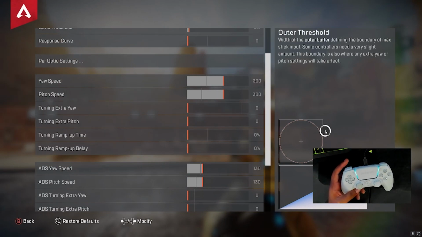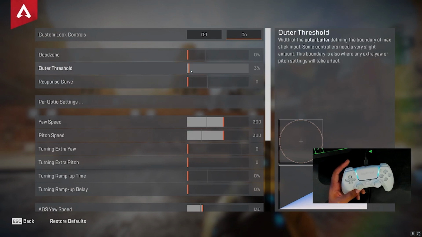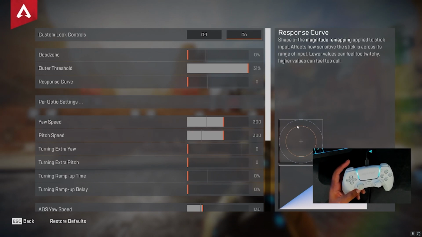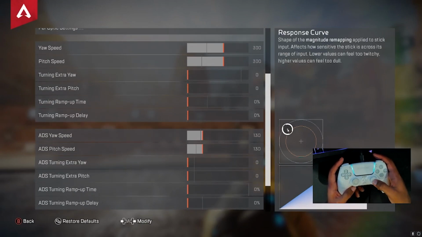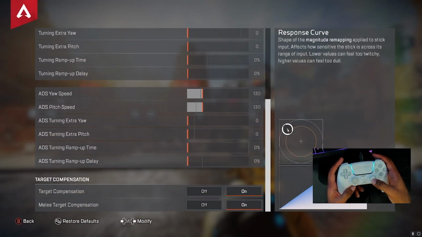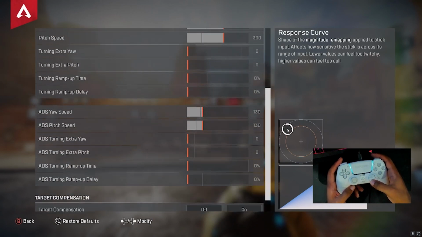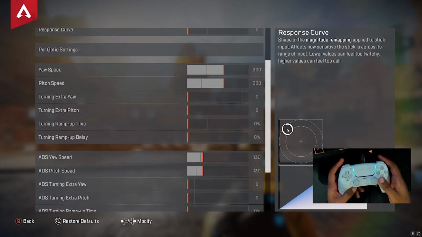The higher you make the outer threshold, you notice this orange circle gets a little smaller. That means as long as I keep my analog stick at this level or past it, it would be the same effect as hitting the max input. So going about right here on my camera is equivalent to pulling all the way to the side.